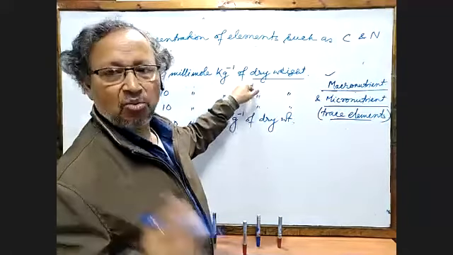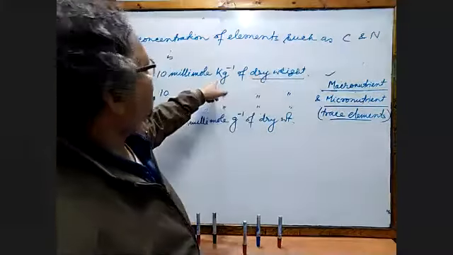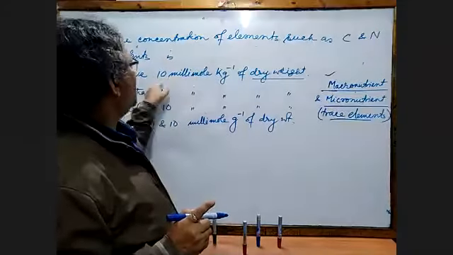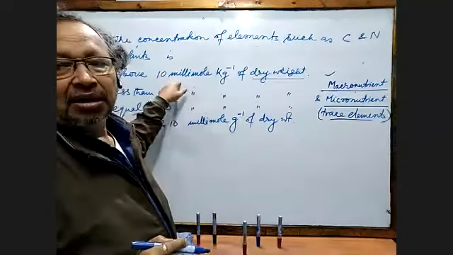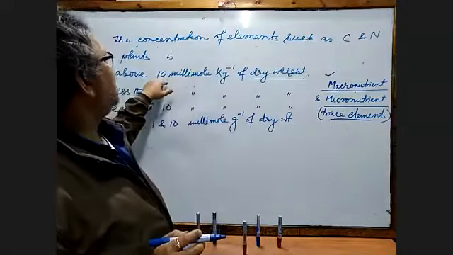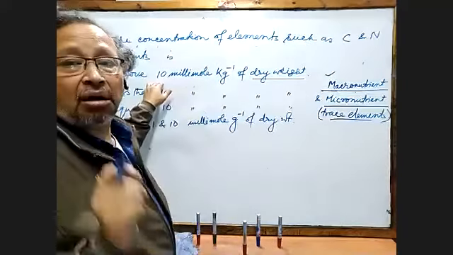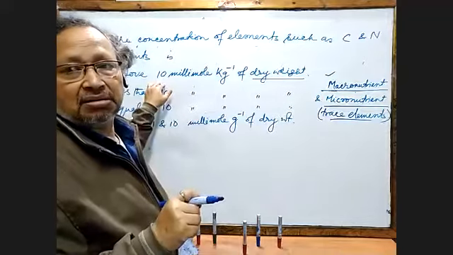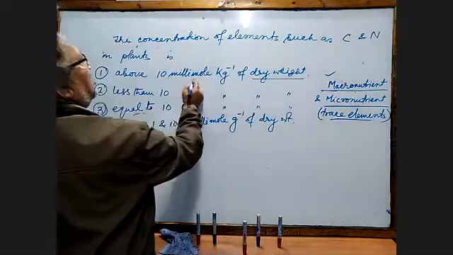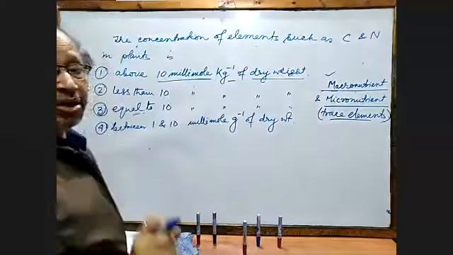In 1 kg mass of tissue of a plant, containing how much of that element? Here it is per kg in millimole, in terms of moles: 10 millimole in 1 kg dry weight.